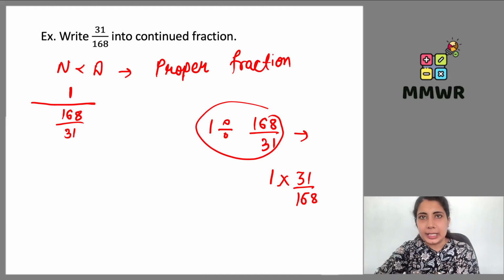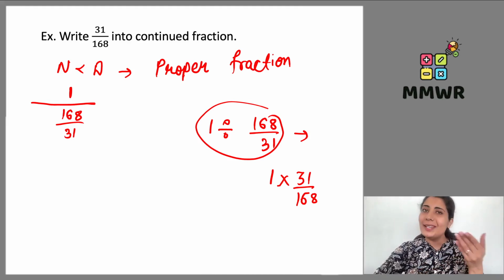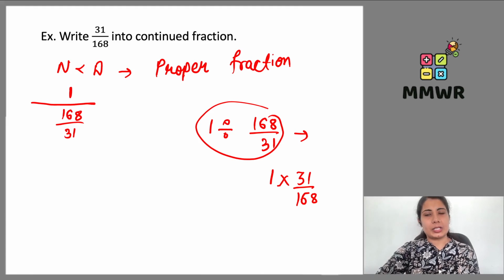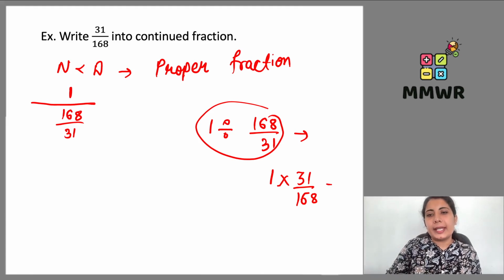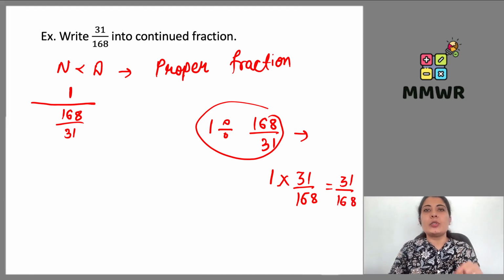So here we have done the same: 1 as it is written, division becomes multiplication, 168 upon 31 is written as 31 upon 168. This gives us the same thing back, 31 upon 168, which is given in the problem.